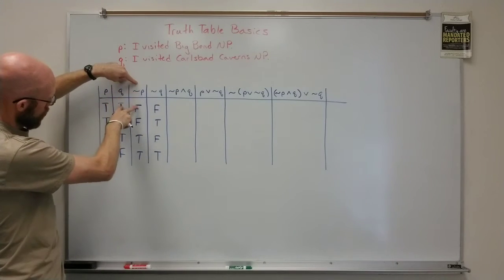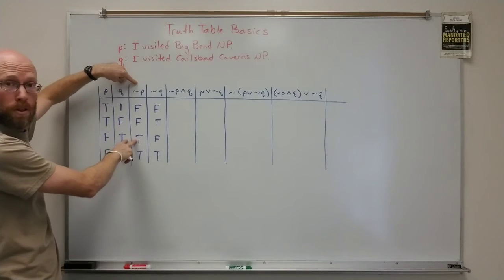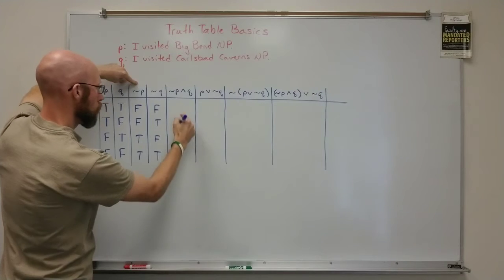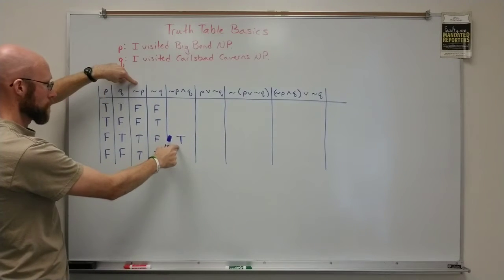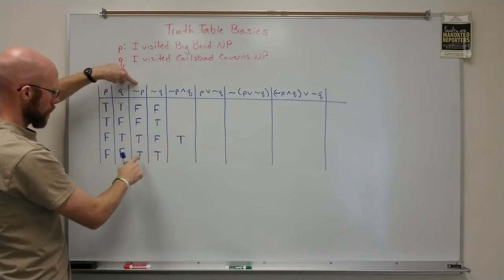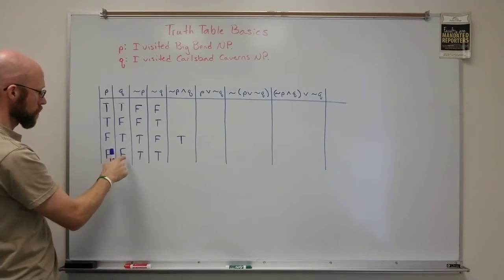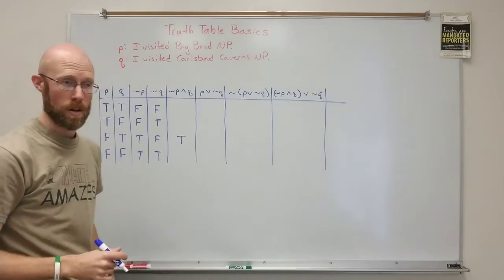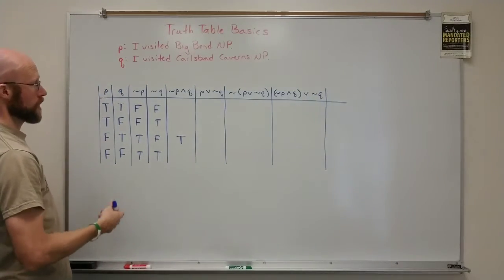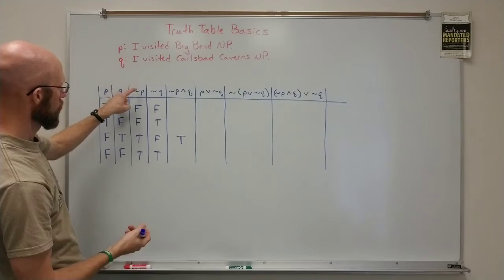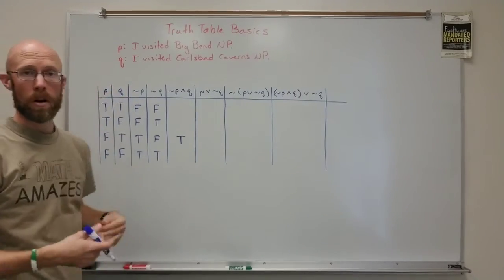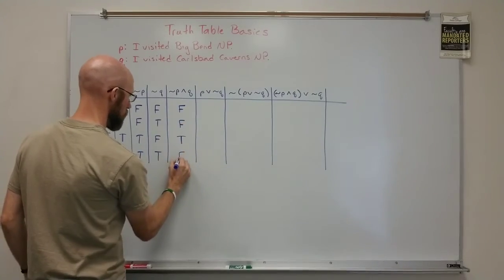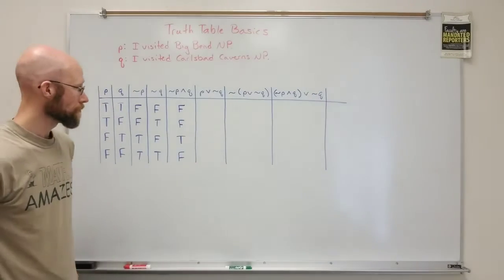So if I go down these 2 columns, they're both true in the 3rd row, which means that 3rd row for the conjunction is true. And for a conjunction, since that's the only row that can be true, everything else is false. As long as one of the options is false, then the whole statement is false for a conjunction, for an and. Because it has to be the case that both not P and Q are true. So I'd have false for the other 3 rows, okay?